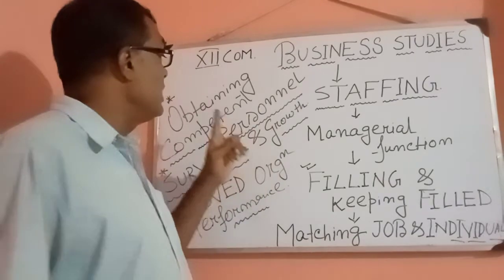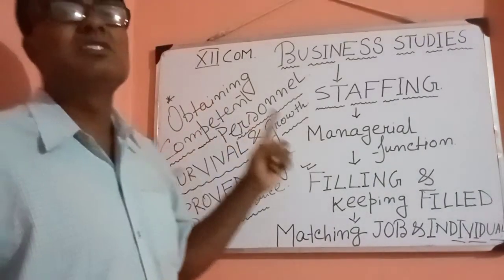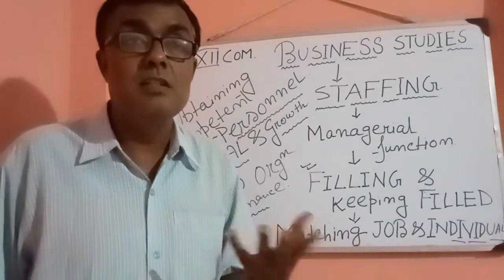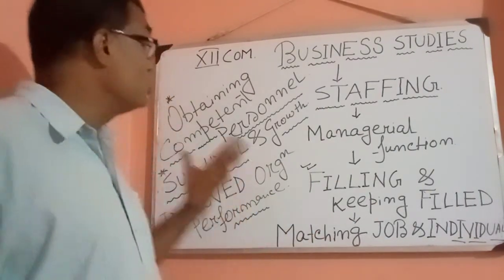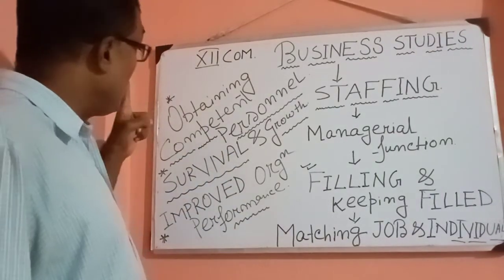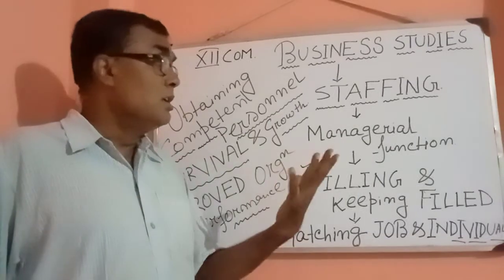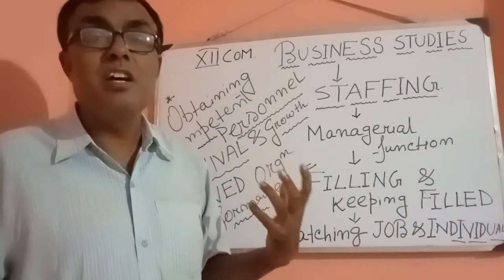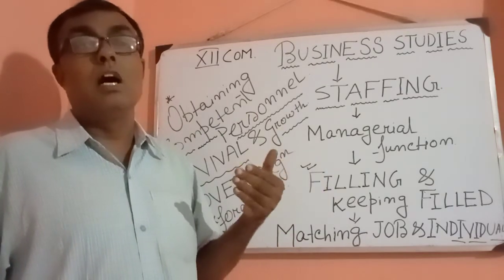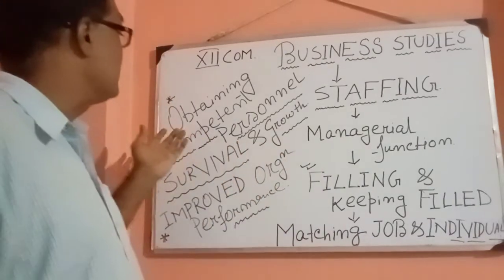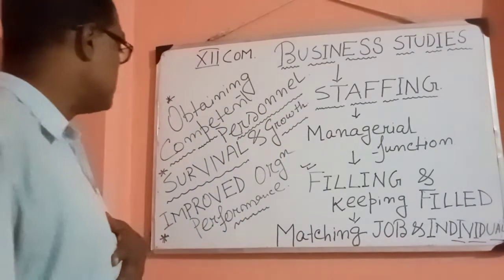Staffing function helps in obtaining competent personnel. What is the meaning of competent? Eligible, most suitable, those who can compete. It is very much required, because in the market there is severe competition. So if you want to excel in organizational performance, then competent personnel are required.